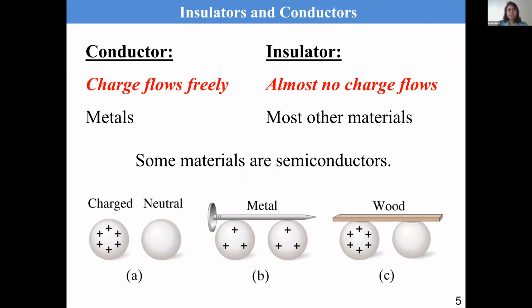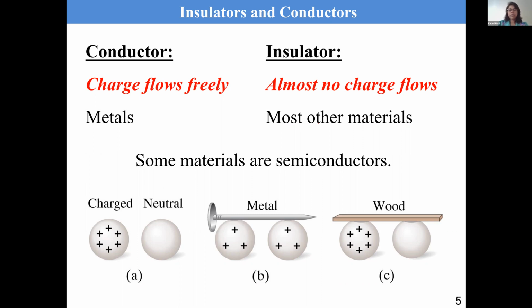So now, conductors and insulators. A conductor is a material that can conduct electricity. That means the particles can move around in the material. We call it a conductor. And an insulator is a material where there is no charge flow, right?